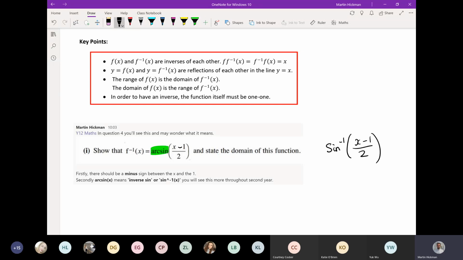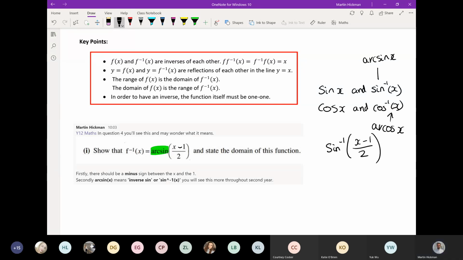Just think about it, sine x and sine to the minus 1 x are inverses of each other, just like cos x and cos to the minus 1. You'll see in second year that sine to the minus 1 is sometimes referred to as arc sine x or arc cos x. So it's just something I wanted to point out as you do the questions.